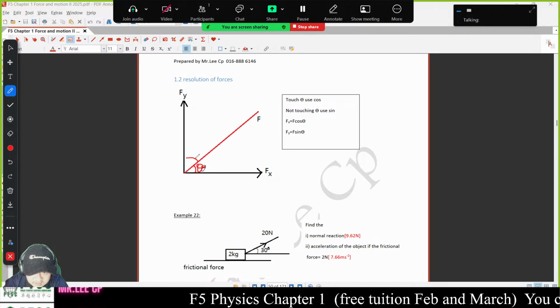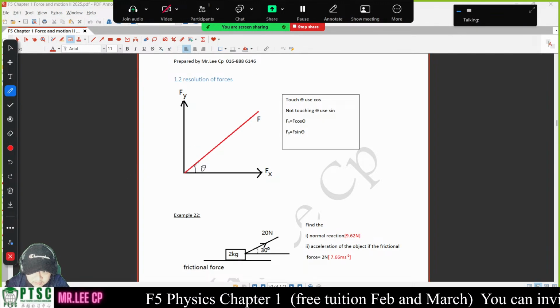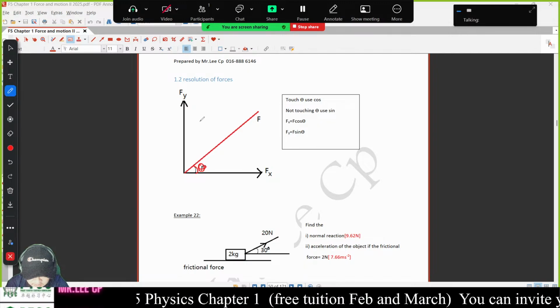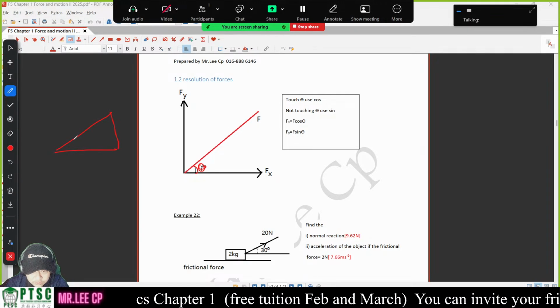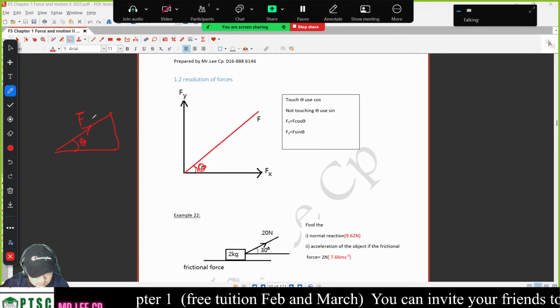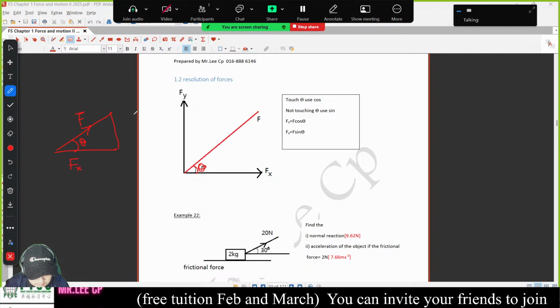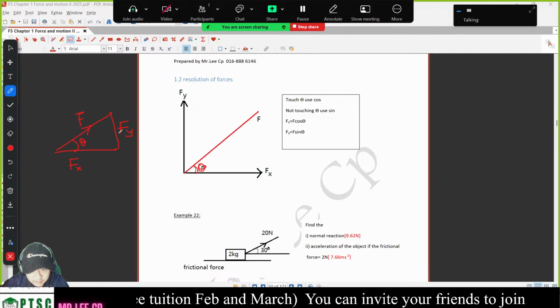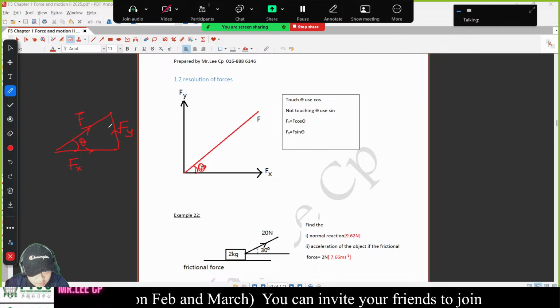Now here you see this is the angle. This angle can be here or here. The angle given is here. So now I am going to use the triangle. This is theta. This is the force, and this is Fx and this is Fy.